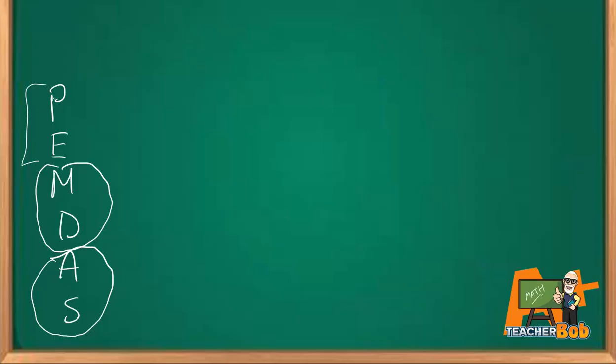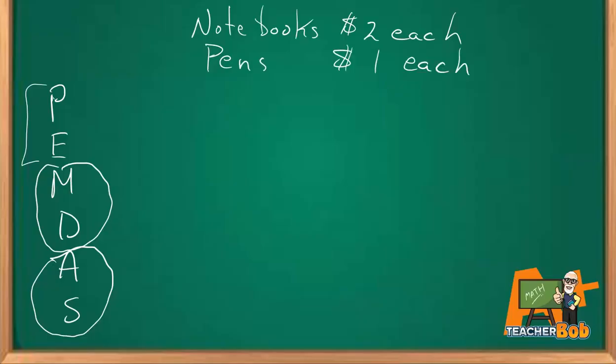We've got a store that sells notebooks for $2 each and pens for $1 each. Question is, if you buy 5 notebooks, I'm just going to write it down as NB, and 3 pens, how much are you going to spend in total?